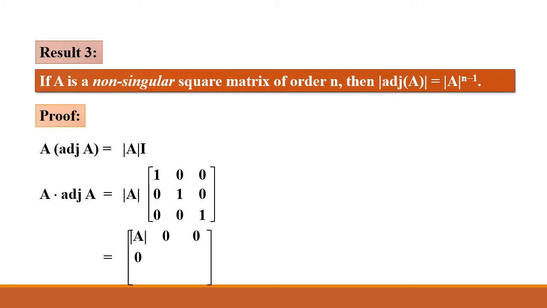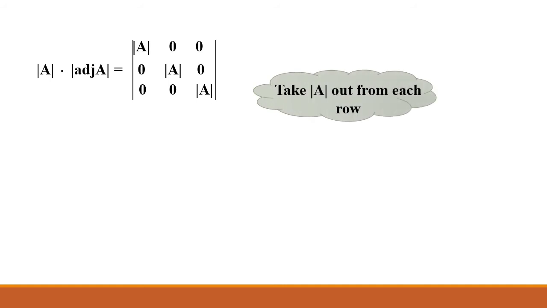On simplifying, we get determinant of A into I, that is we are multiplying each element of the matrix with determinant of A. So we get A into adjoint of A equals determinant of A 0 0, 0 determinant of A 0, 0 0 determinant of A.